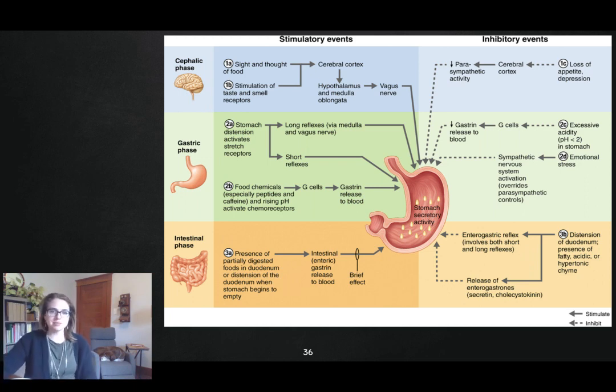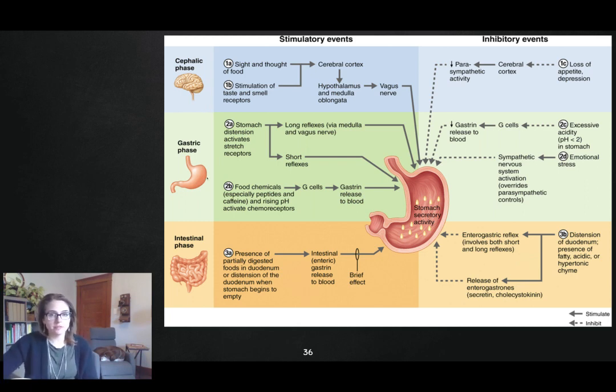So what stimulates that is basically your sight and thought of food. And so the main nerve that stimulates your stomach is the vagus nerve. That's one of the cranial nerves that wasn't required for you to learn, but the vagus nerve was one of those cranial nerves that affects your stomach actions.